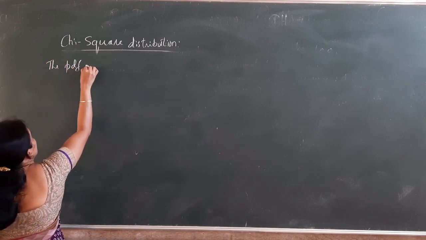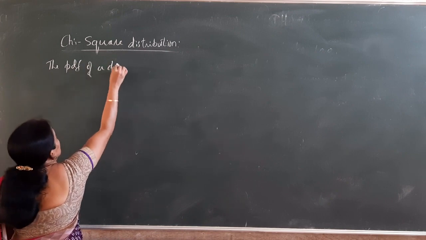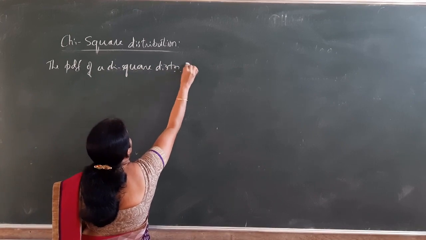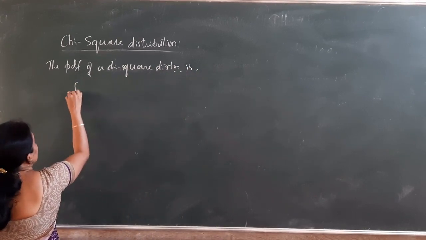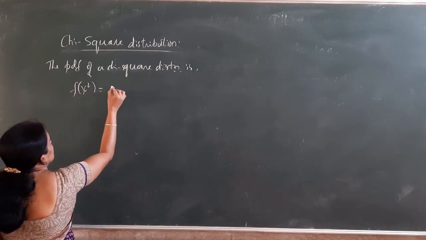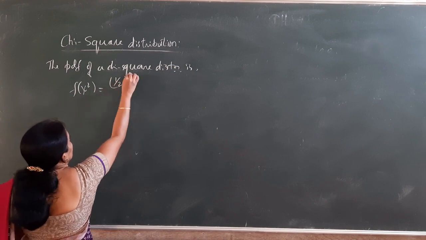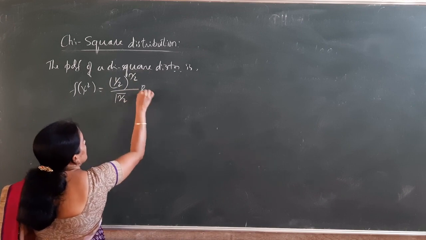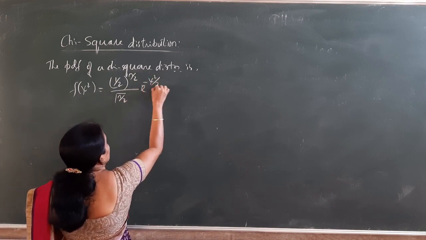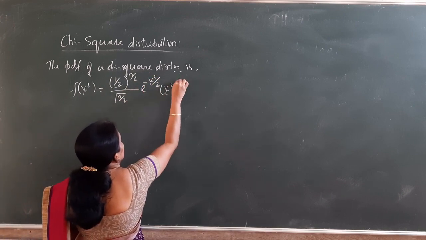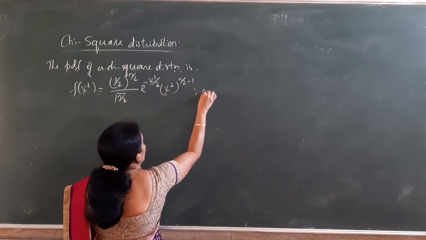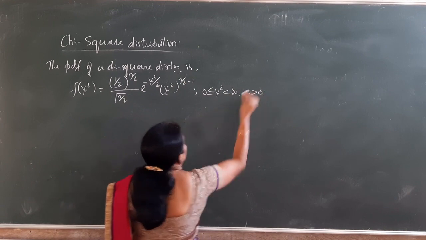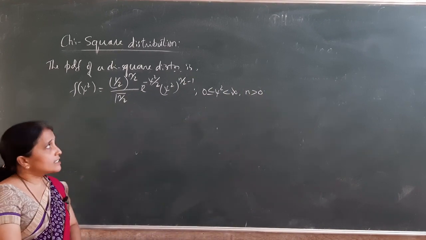The probability density function of a chi-square distribution is given by f of chi-square is equal to (half power n by 2 divided by gamma n by 2) e power minus chi-square by 2 chi-square power n by 2 minus 1, where 0 less than or equal to chi-square less than infinity, n greater than 0. Right?